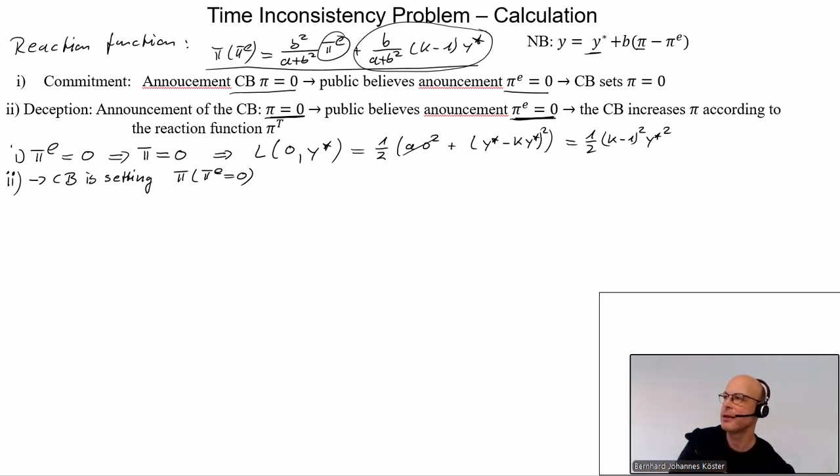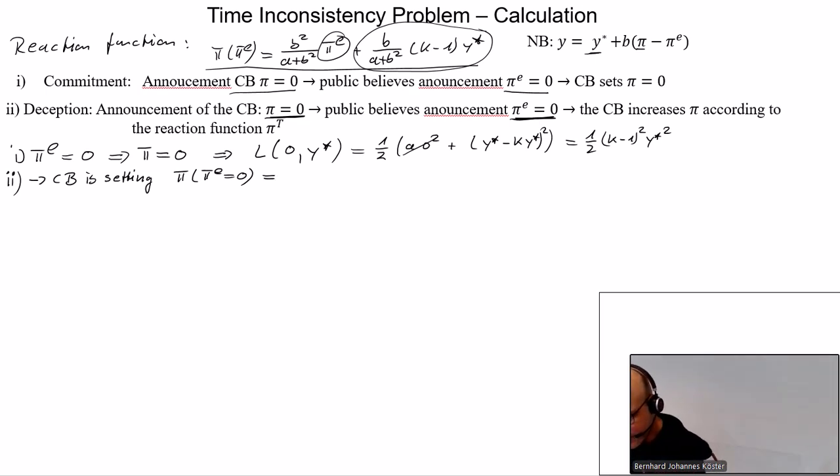If I surprise the public with a higher inflation rate, then I can lower unemployment, and this pushes total output. So this is the explanation of this incentive. So this would be then A over A plus B squared times K minus 1 Y star.